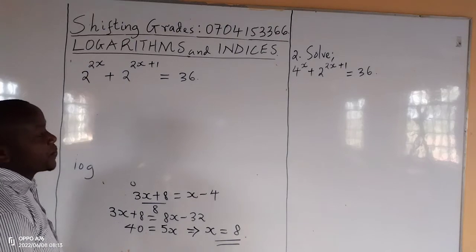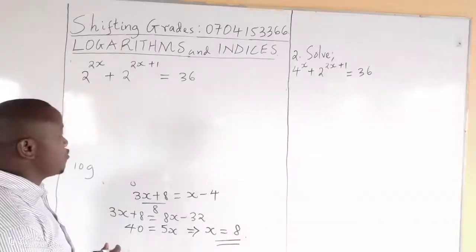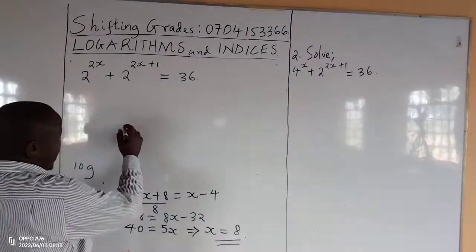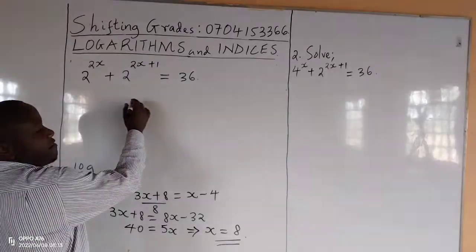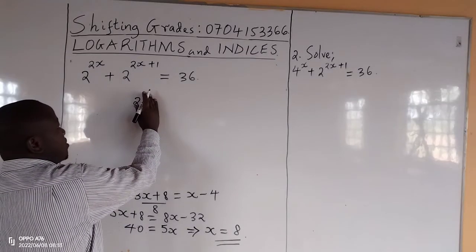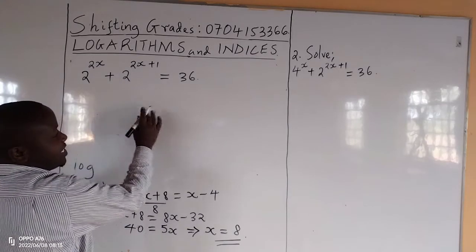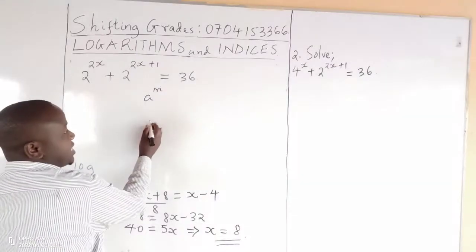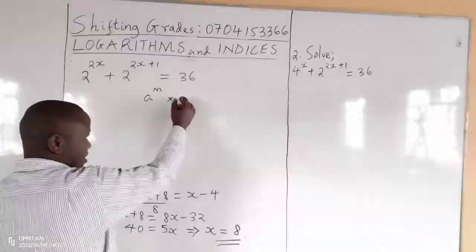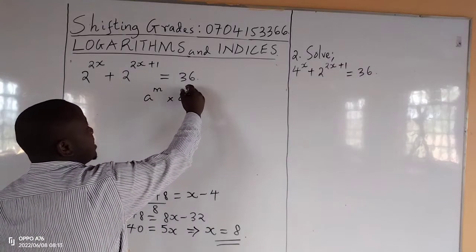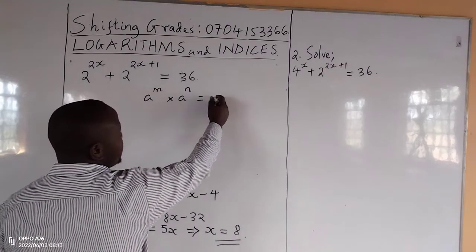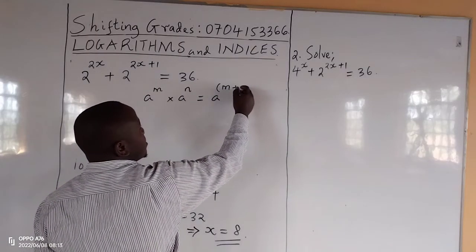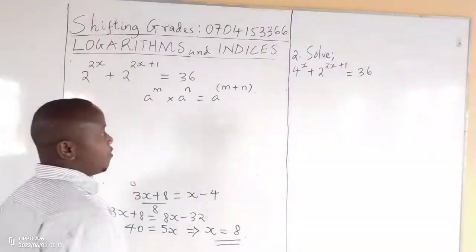Then there is a law of indices we should recall. In case we have a raised to a certain index multiplied by a raised to another index, we can simplify it to base a raised to the sum of the powers. That is the addition law of indices.